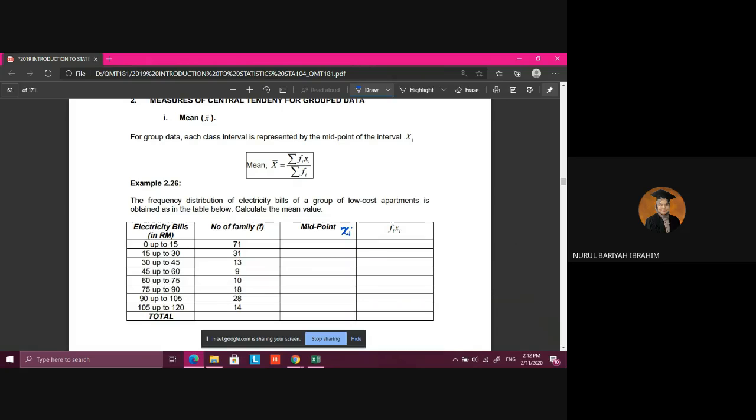So here, the midpoint for the first class will be 7.5. Okay, then the second one, midpoint di antara 15 and 30. So you can do it as 15 plus 30 divided by 2. So you akan dapat 22.5 here.